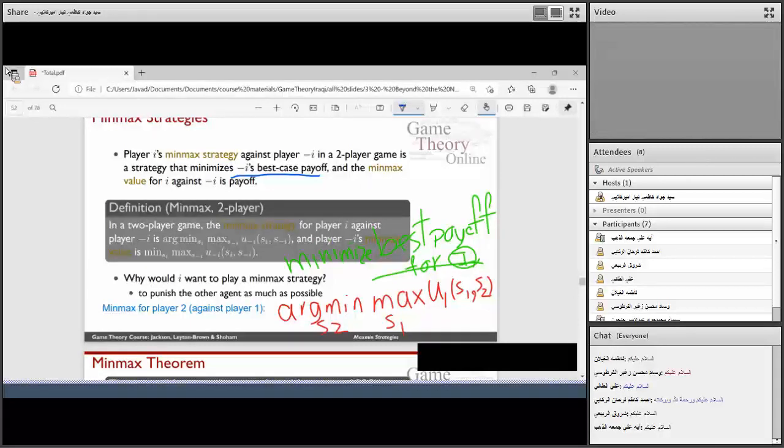Minimize player 1's best case payoff. Player 2 is going to play in such a way that will minimize player 1's best case payoff. All right? So in here, the goalie, which is player 2 here, will act in a way that will minimize the kicker's best payoff.